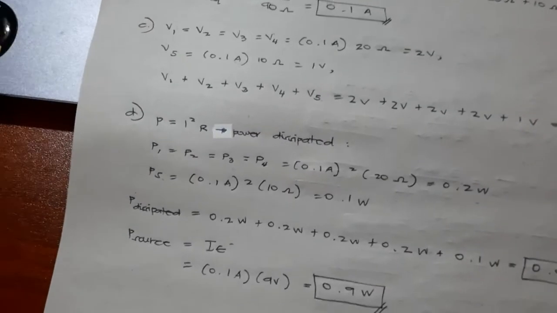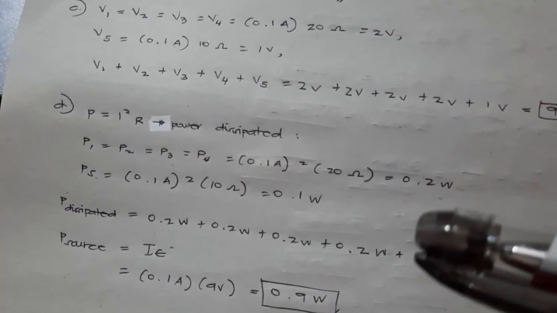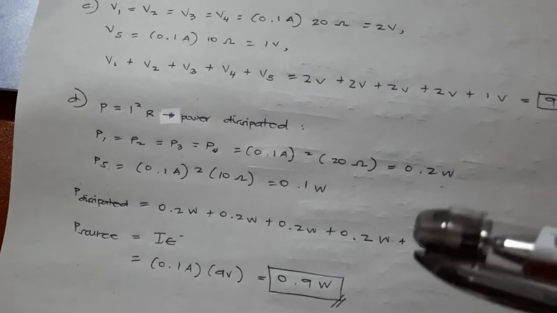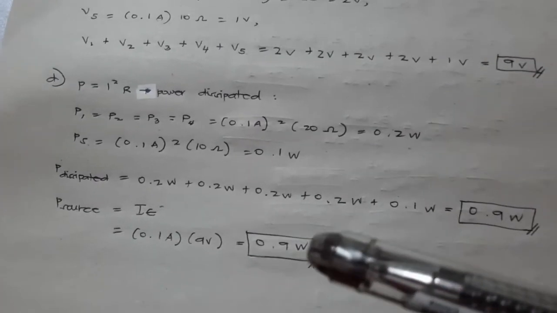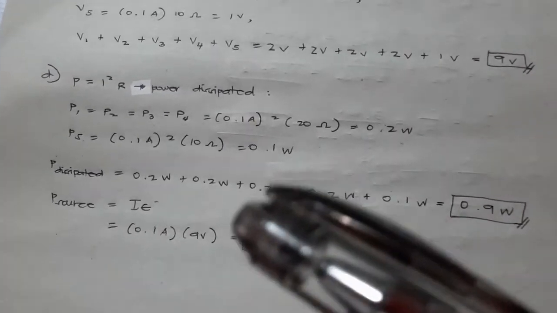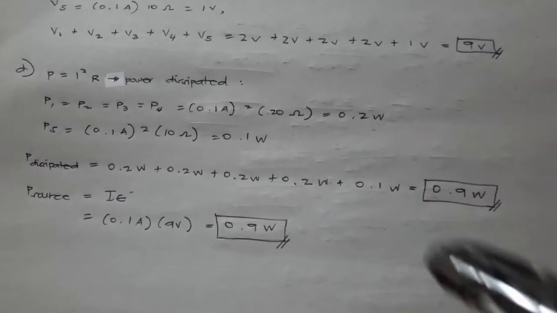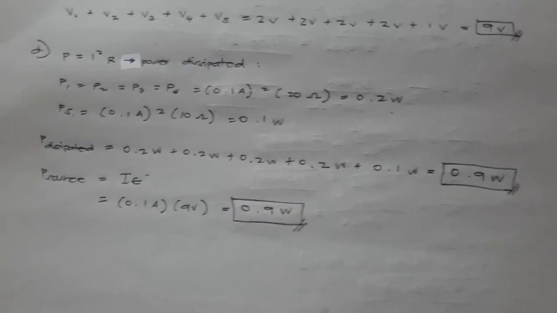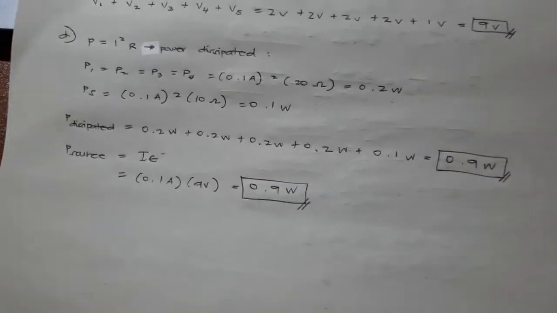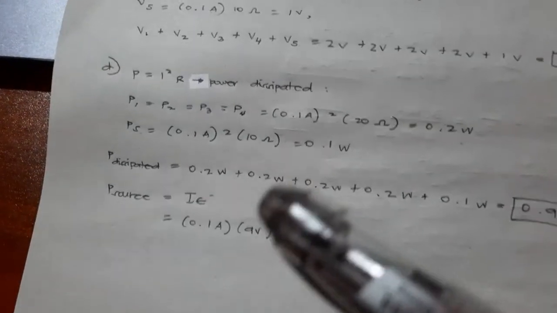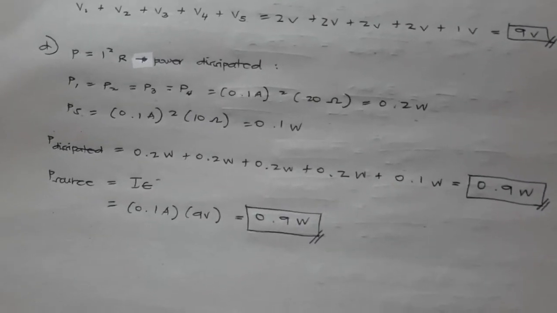Then ang P5 is equals to 0.1 ampere squared times 10 ohms, which equals to 0.1 watts. So the P dissipated equals to 0.2 watt, 0.2 watt, 0.2 watt, 0.2 watt plus 0.1 watt equals to 0.9 watts. And then ang P source equals to IE, 0.1 ampere times 9 volt equals to 0.9 watts.